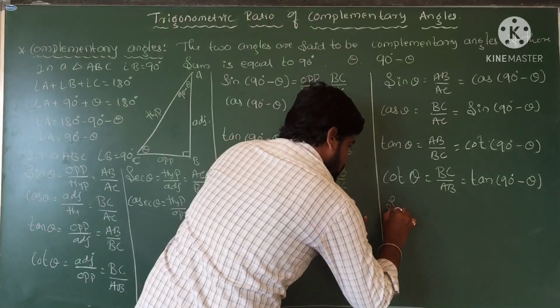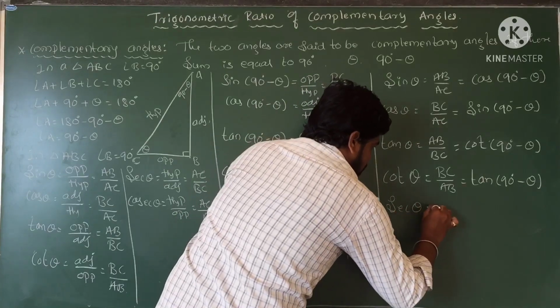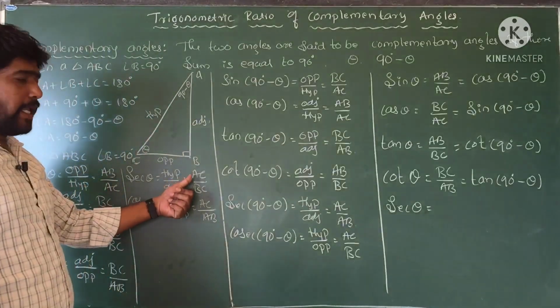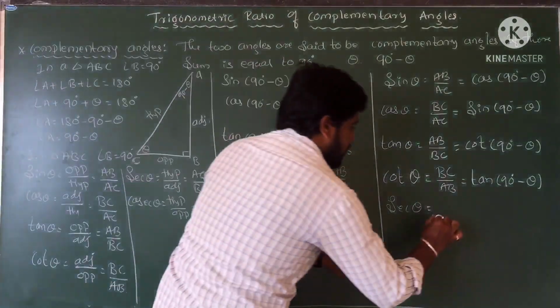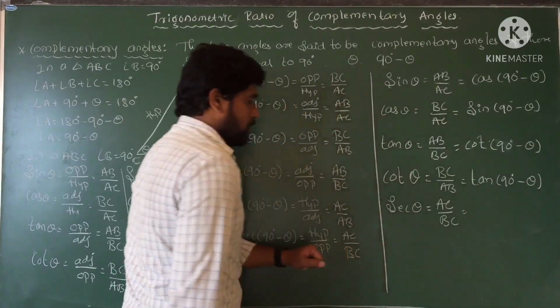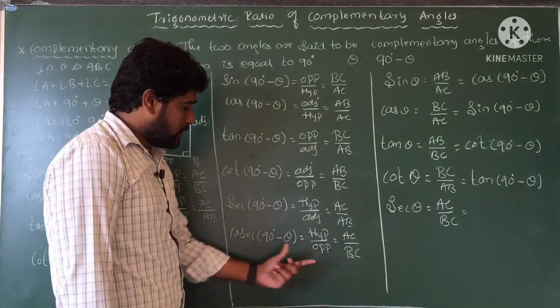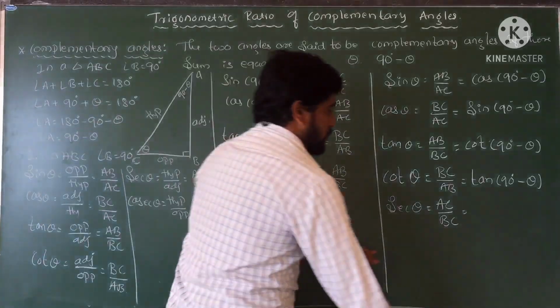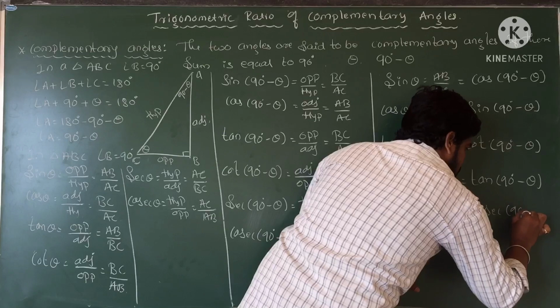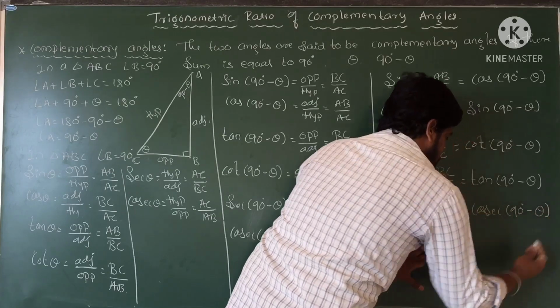So next one, sec theta. See here, sec theta is AC by BC. AC by BC is cosec 90 minus theta.